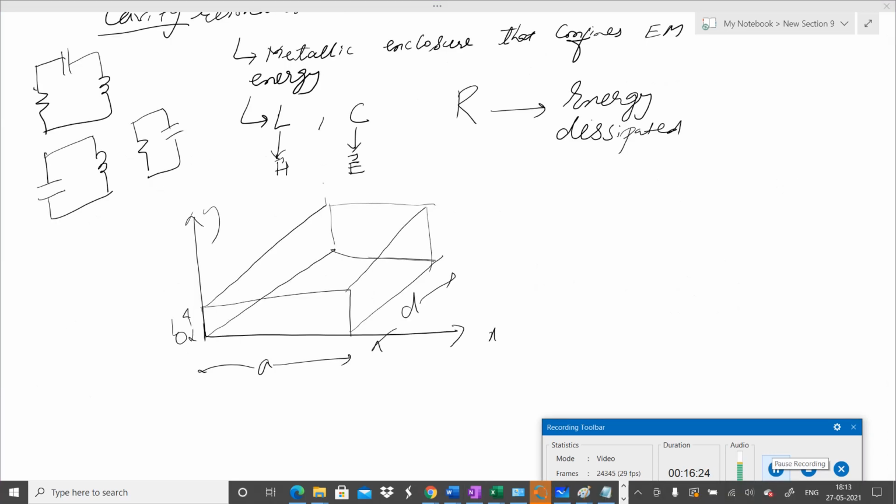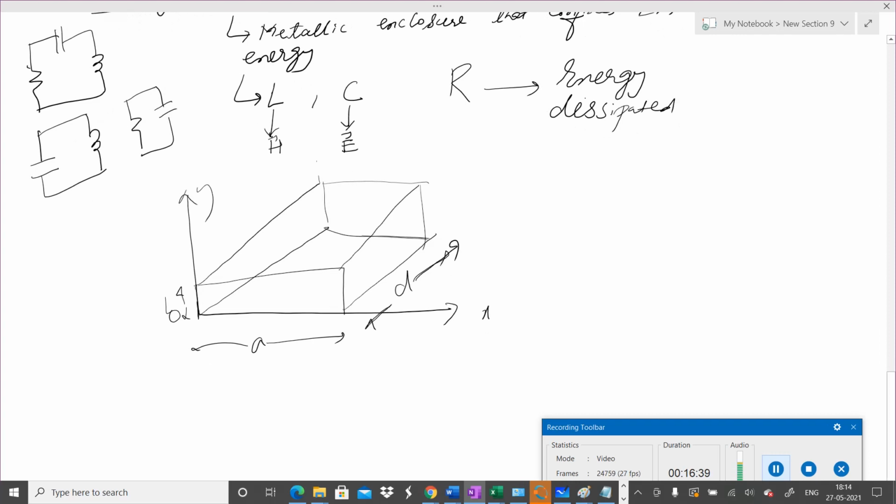One difference between this cavity resonator and a waveguide is that we now take the third dimension also into account. So A is its length, B is its height, D will be its width. And if we talk of how the electric field and magnetic field components will vary inside this, we can again talk of TE mode and TM mode.